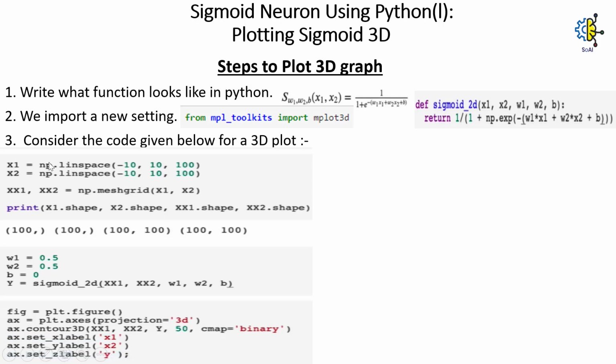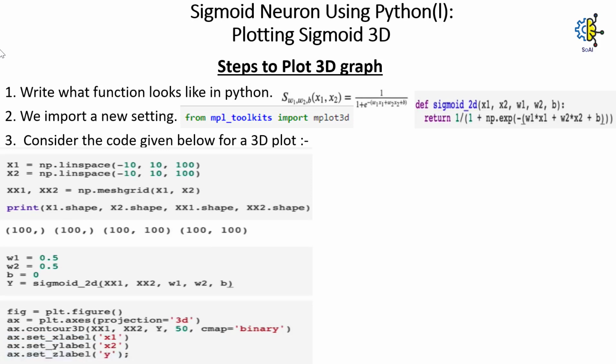The values will be stored in two variables which are xx1 and xx2. In the next line, we print x1.shape, x2.shape, xx1.shape, xx2.shape. This is the output of what x1.shape returns.